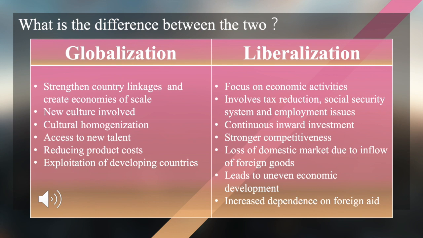For example, globalization aims at strengthening national ties and thus creating economies of scale. Trade liberalization, however, is more focused on economic activity and involves tax cuts, social security systems, and employment issues.